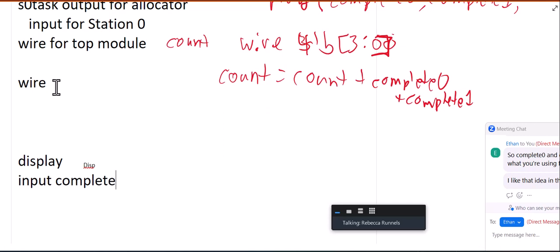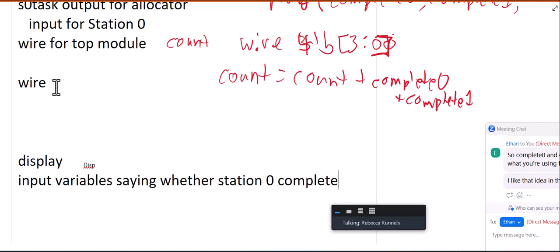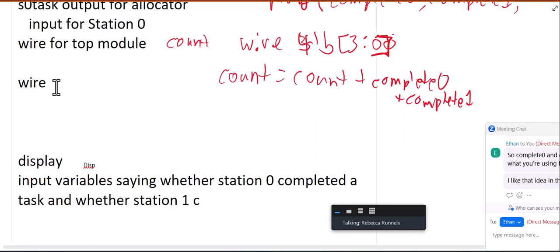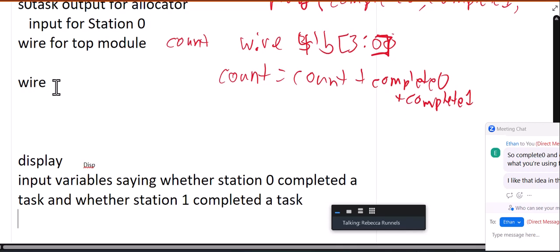I don't know that complete 0 and complete 1 are good names, but my inputs are my variables saying whether station 0 completed a task and whether station 1 completed a task. I just had it be 1 if they completed it and 0 if they didn't, and that way adding it did exactly what it needed to do. I just add those to my value for count.